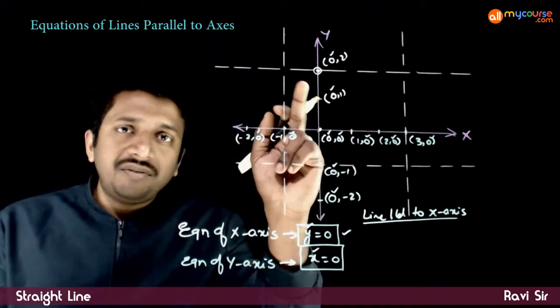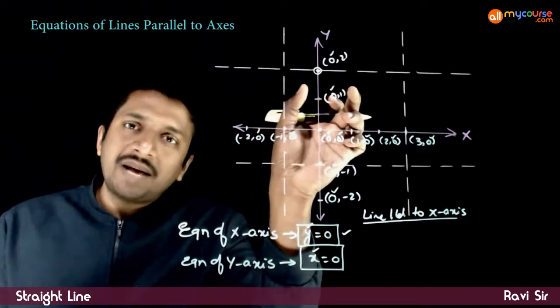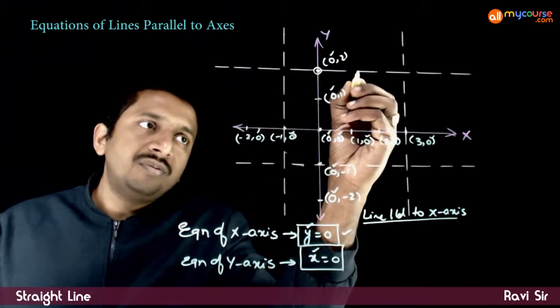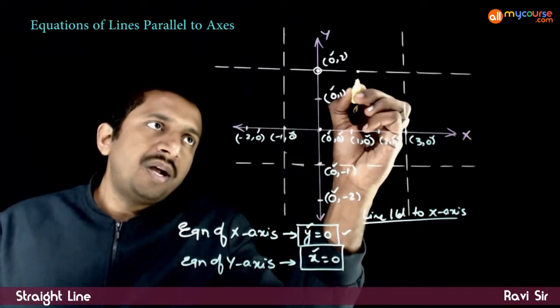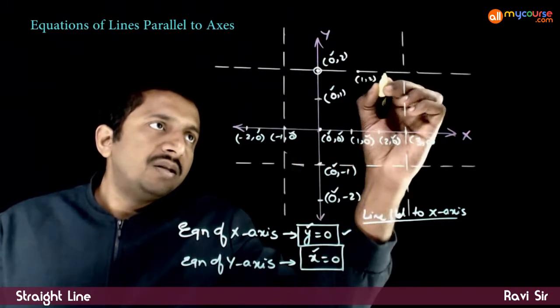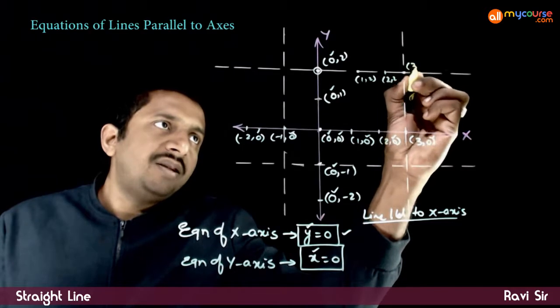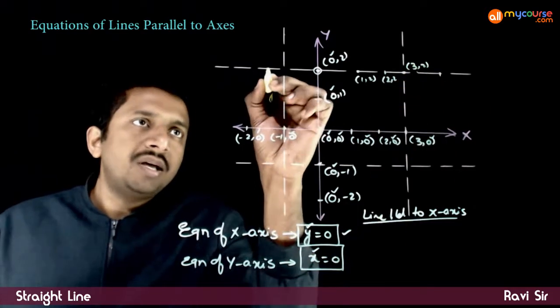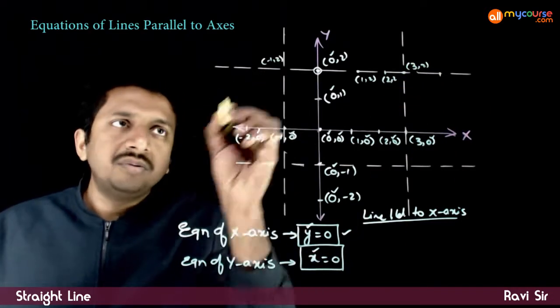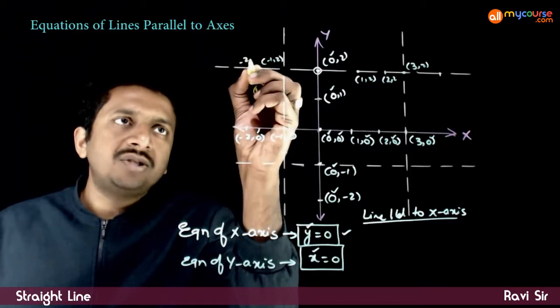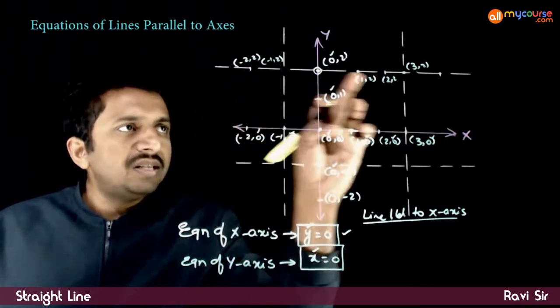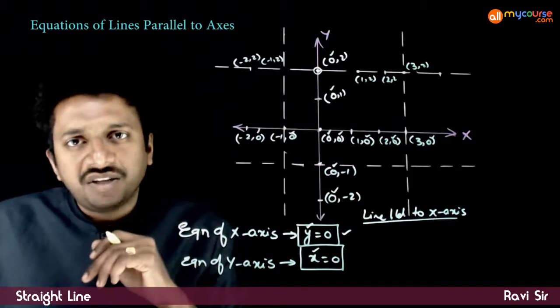As you can see, if you go on this line, let us take some sample points: (0, 2). This point will be (1, 2). This point will be (2, 2). This point will be (3, 2), and so on. This is (-1, 2), (-2, 2). So these are the coordinates of these points.